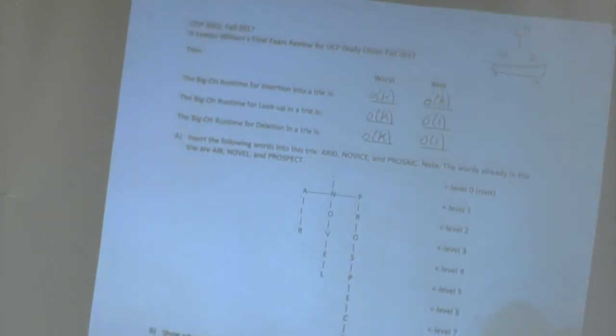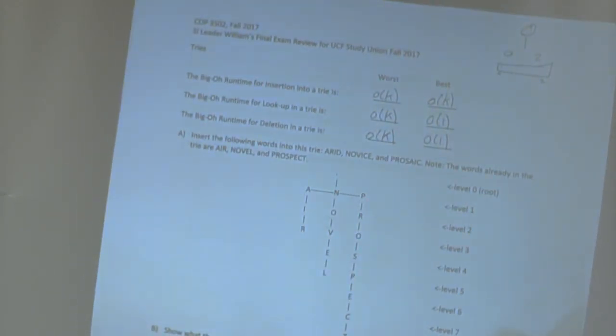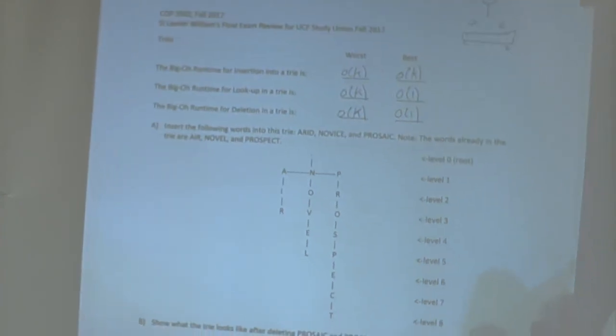Okay. So I came up with an example showing what insertion looks like in a try. The words already in the try are air, novel, and prospect. I want to insert the following words into the try, which are arid, novice, and Prozac.